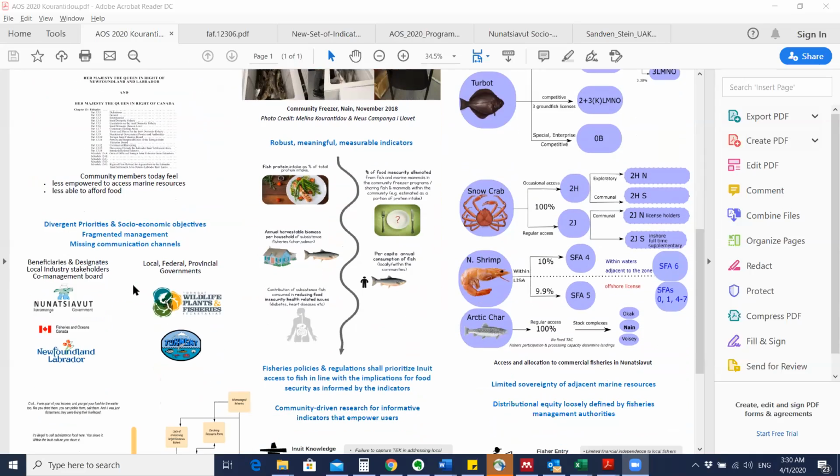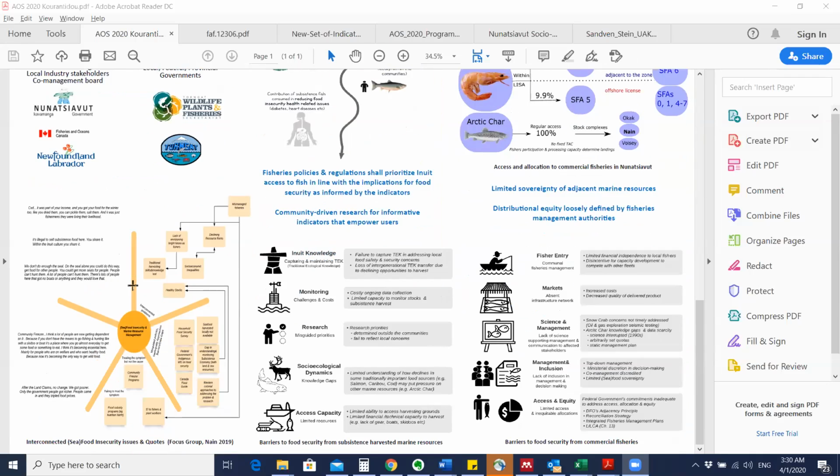And there's also evidence for strong interconnections between subsistence and commercial harvesting, as you can see here in this figure, along with some quotes from the focus groups that indicate how people feel about the issue of food security and their connection to marine resources.